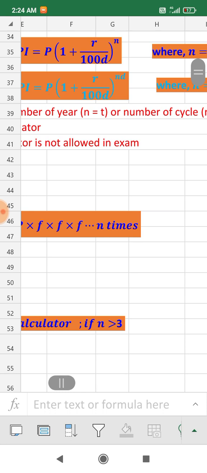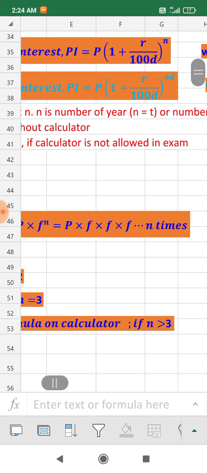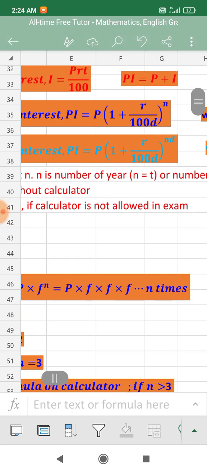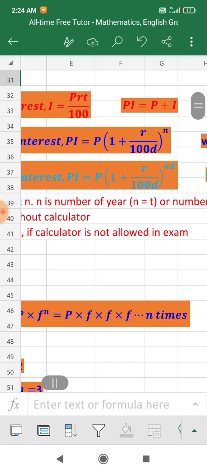In this case, we cannot calculate interest I directly like in the simple interest formula. In the simple interest formula, we calculate the interest I directly and thereafter we find out the PI.